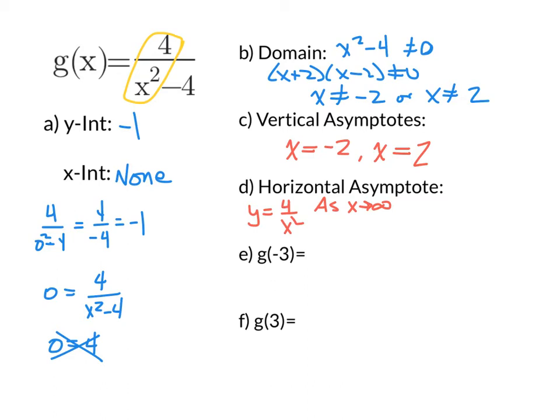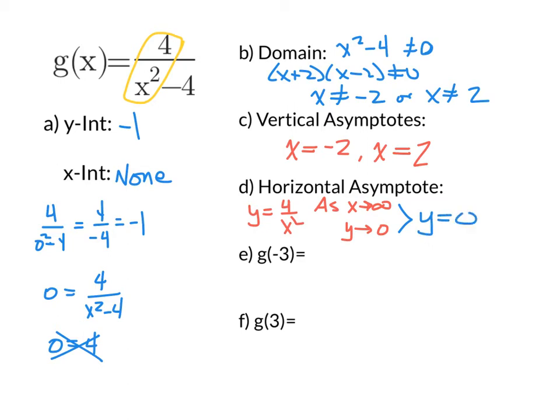So when we look at this fraction, as x gets bigger and bigger, x squared is even bigger than that. But it's in the denominator of a fraction, and so 4 divided by an extraordinarily large number is going to get closer and closer to 0. Altogether, that means that our horizontal asymptote is going to be the horizontal line y equals 0.